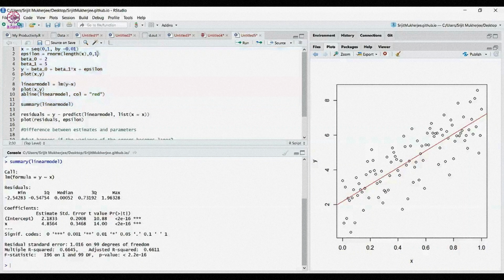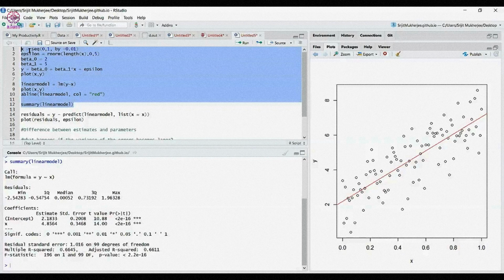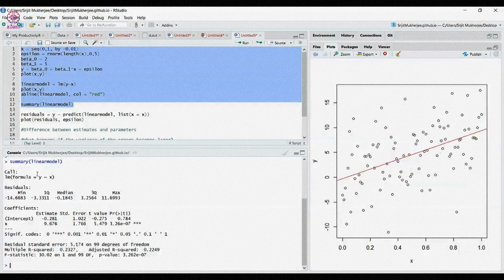Let's increase to 5, and you will see the difference now: minus 0.2 and 9.6, which is nowhere close to 2 and 5. So essentially the basic idea is that the variance is proportional to sigma square.